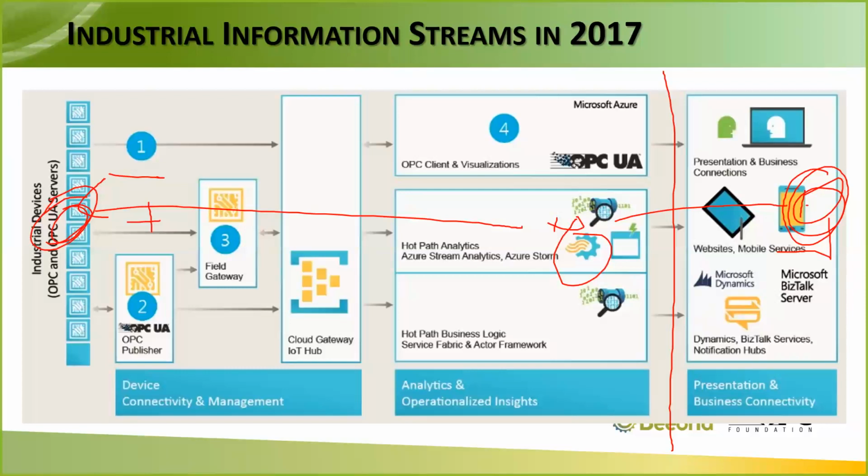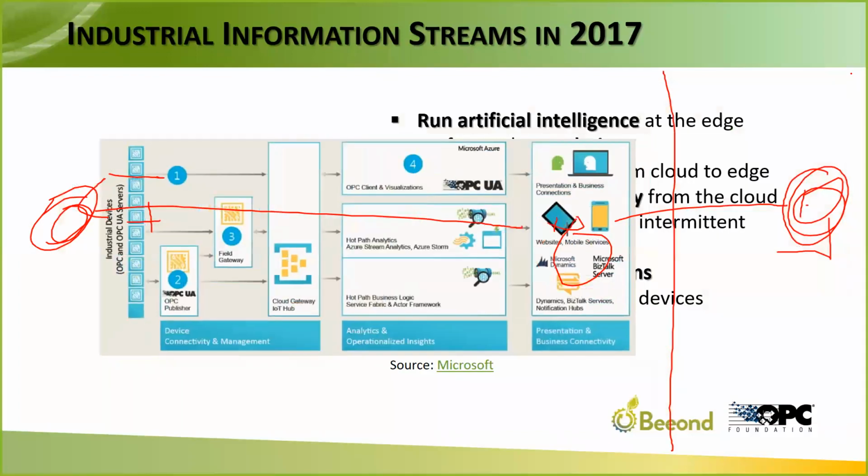So Microsoft is the first cloud-based infrastructure provider that addresses and solves that problem by integrating OPC UA in their Azure IoT product. And what I'm going to show you, I'm trying to click my way to the next slide, is the demonstration of that.